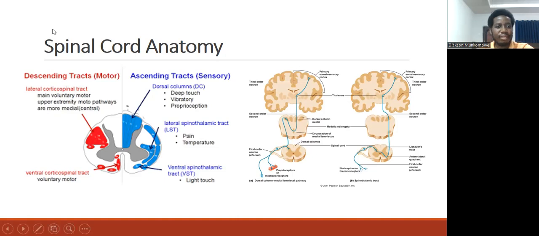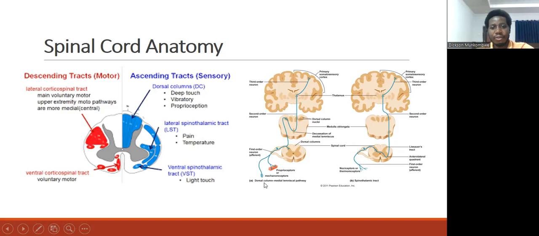And what you see are the various nuclei, which I'll have you look at in your own time in detail, but they're important in localization of presentation. And then on the right side is a schema of two pathways. This is the dorsal column medial lemniscal pathway.